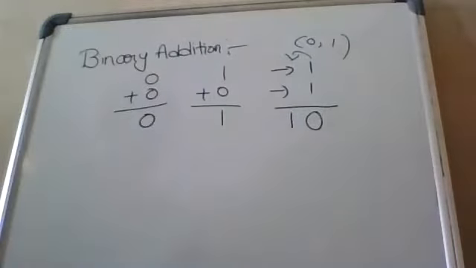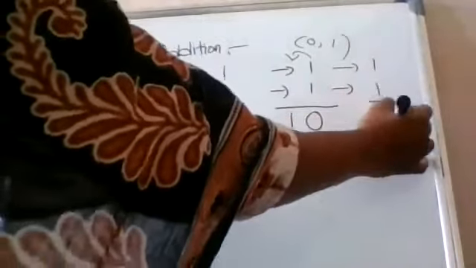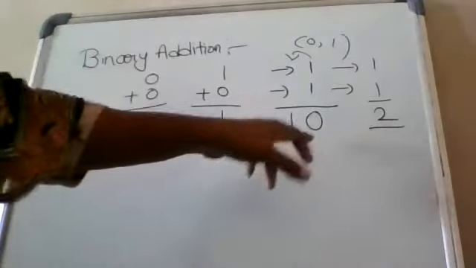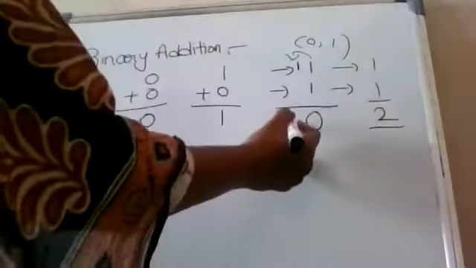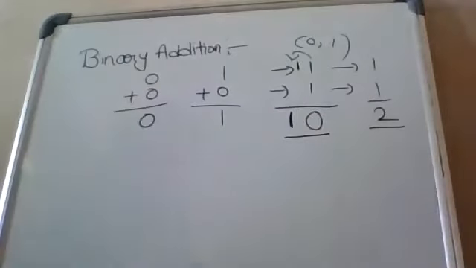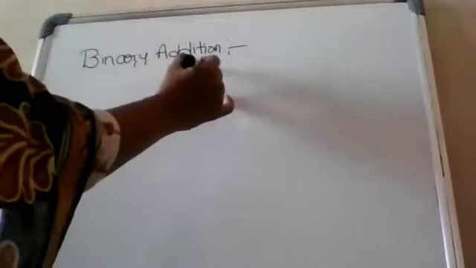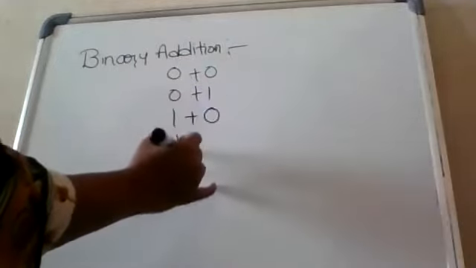Carry 1. In decimal, generally 1 plus 1 equals 2. For this 2 we write 0 here, and the carry is 1.